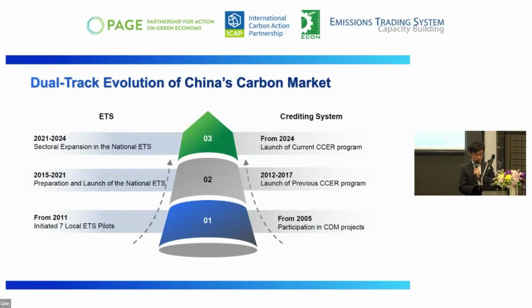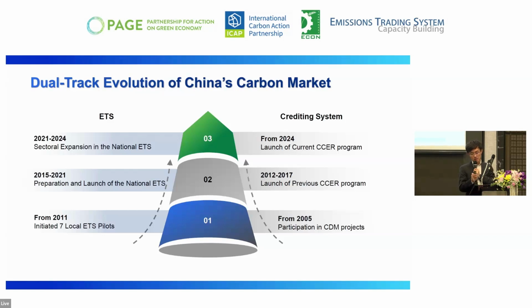But due to some data issues and upgrading after the Paris Agreement came into place, China suspended the CCER program after 2017. Then at the end of 2023, the CCER program came back online, and trading started in 2024 until now.